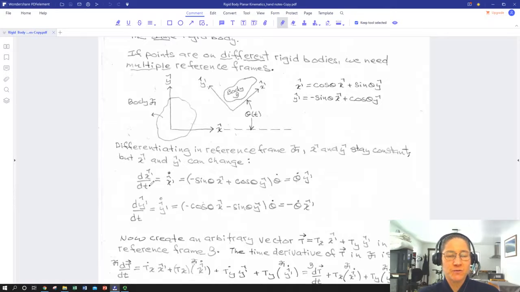Take the first derivative with respect to t, we can call that x prime hat dot, as if we didn't need more symbols here. And so that involves just taking the first time derivative of these two expressions, and we'll end up with the first time derivative of cosine theta equals negative sine theta times d theta dt, and the time derivative of sine theta is cosine theta times d theta dt, and the d theta dt is our theta dot here.